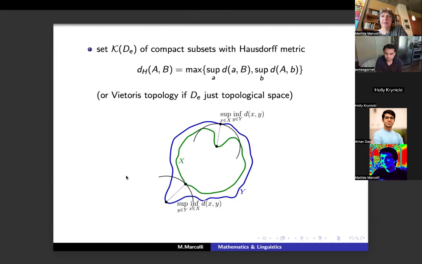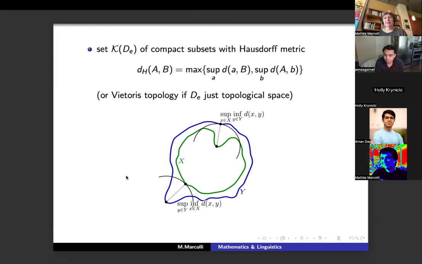The reason why I'm saying that this is a nice space is because now our D_e is a compact metric space, and this new topological space of compact subsets of D_e is itself a nice metric space with the Hausdorff metric. The Hausdorff metric is simply comparing two compact subsets by how close they are.